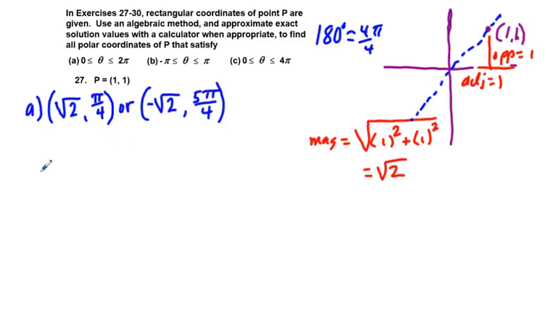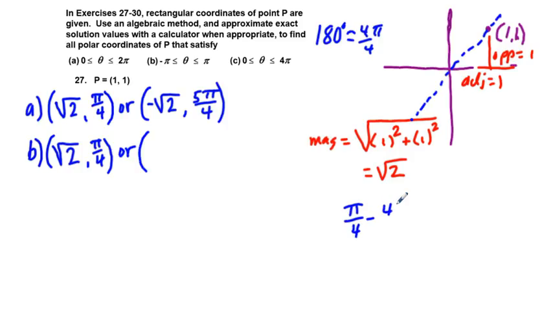Now for part B, remember in part B, we're going from negative pi to pi. Well, still this first set of coordinates would apply. So we're still going to have square root of 2, comma, pi over 4 as one coordinate. But we're going to be going the other direction. Instead of plus 4 pi over 4, we're going to subtract 4 pi over 4 from pi over 4.